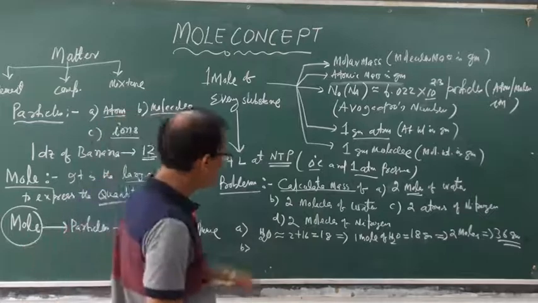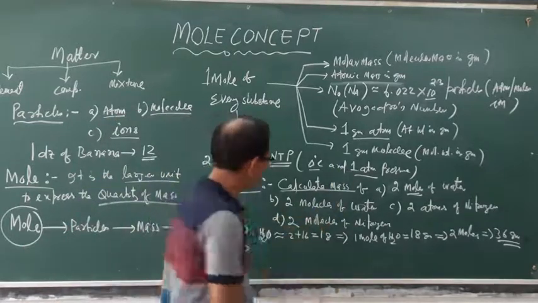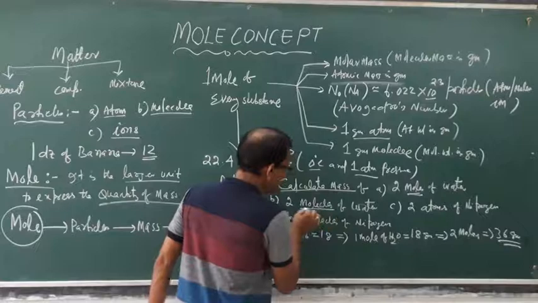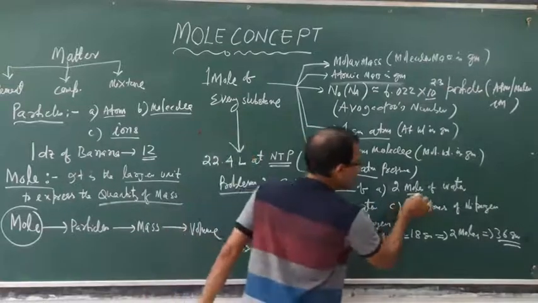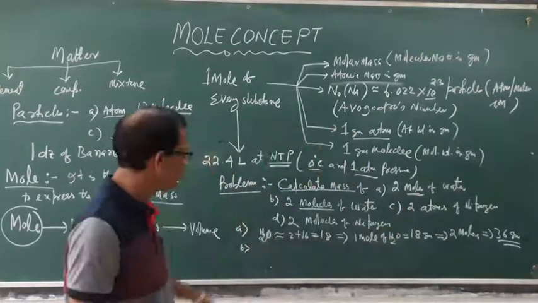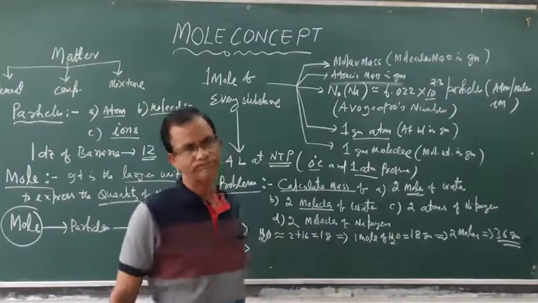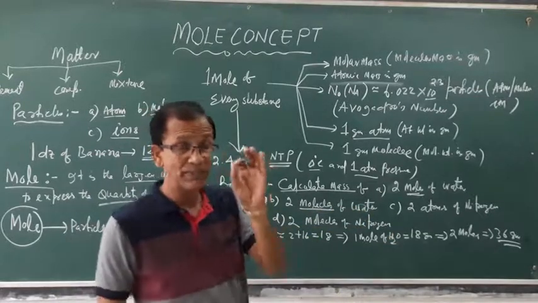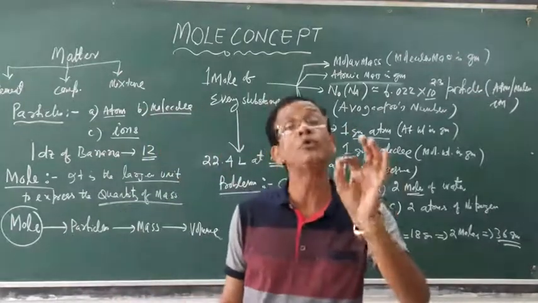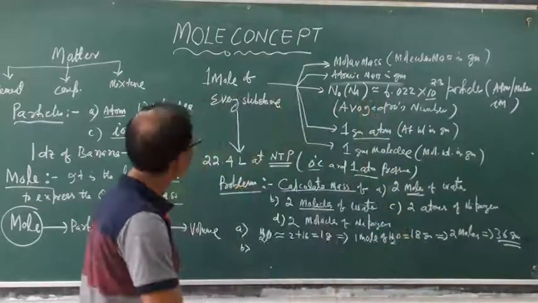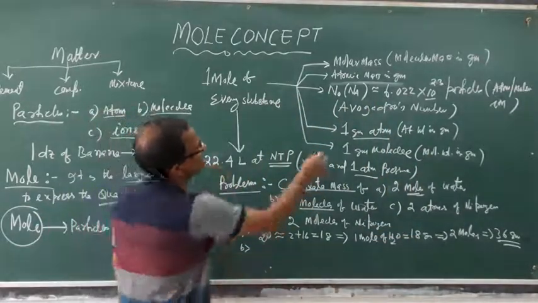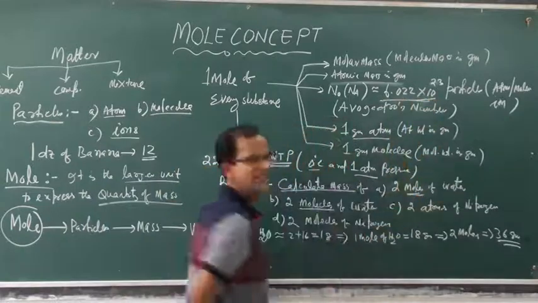The second question is 2 molecules of water. Very important: here the word used is molecules, earlier the word was moles, totally different. How much is the weight of 2 molecules of water? Molecules means the number of particles.